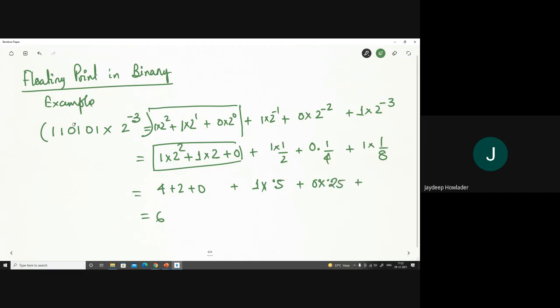And what is this value? 1 into 1 by 8 means half of 0.25, that means 0.125. Okay. Get it? You get this point? Yes, sir.